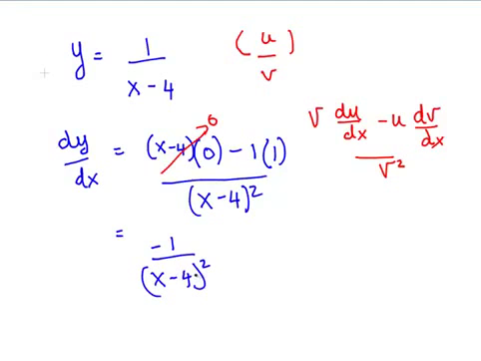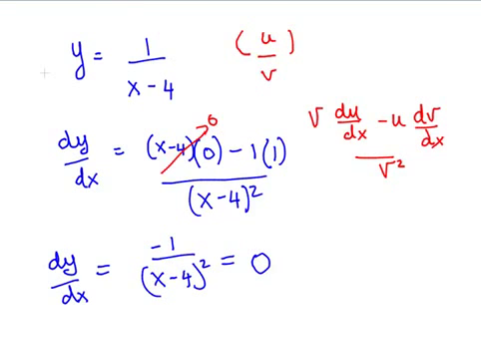Now, dy over dx. The turning points are where the derivative of y with respect to x is equal to 0. So what you have to figure out is which points are equal to 0.